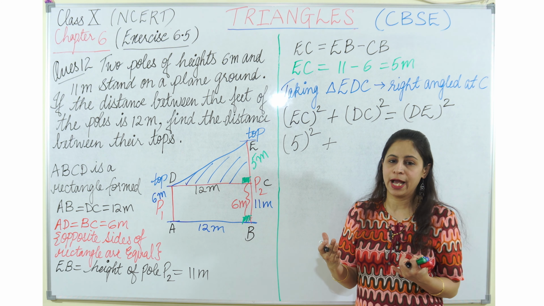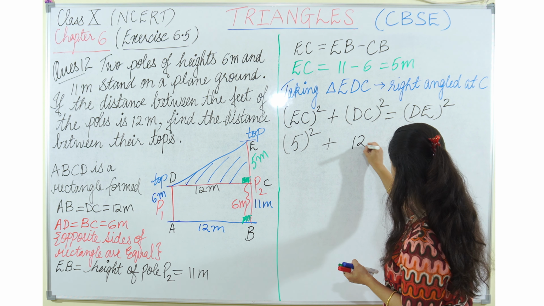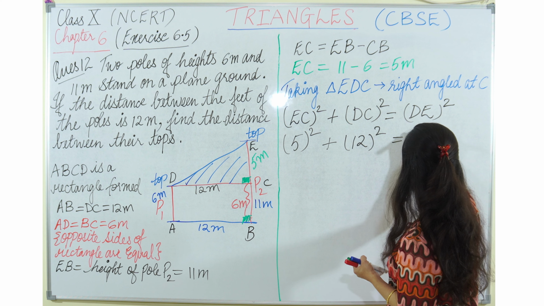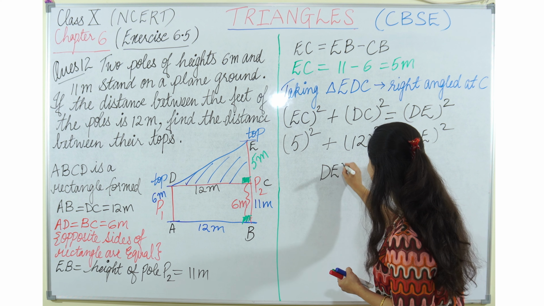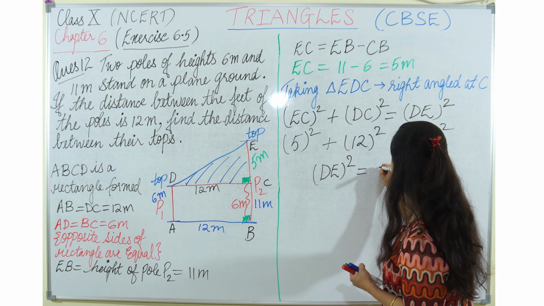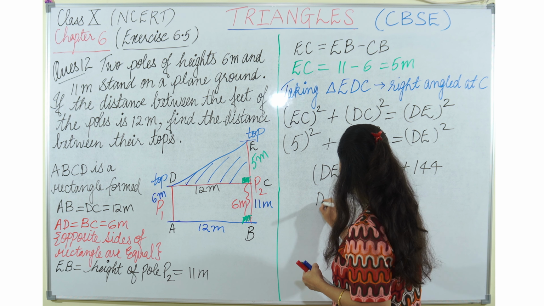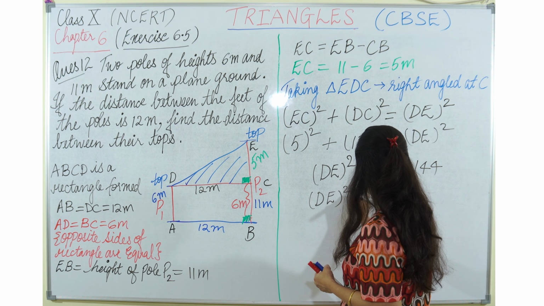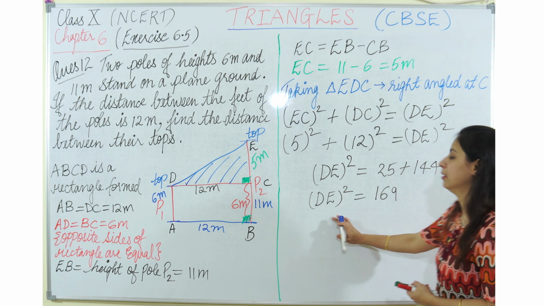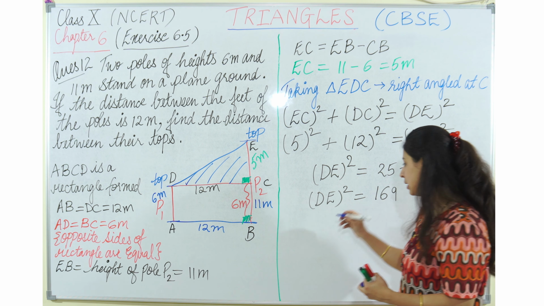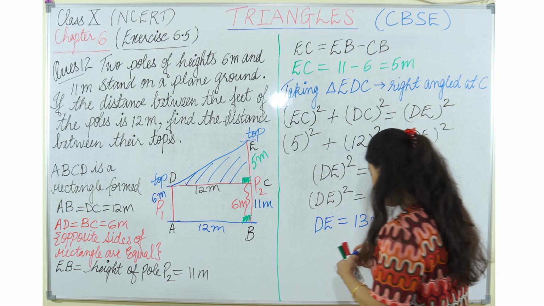So DC is 12 according to the question, so 12 square equals DE square. From here, DE square will be equal to 25 plus 144, that will give us DE square equal to 169. Taking the square root on both sides, we get 13 meters as our answer.